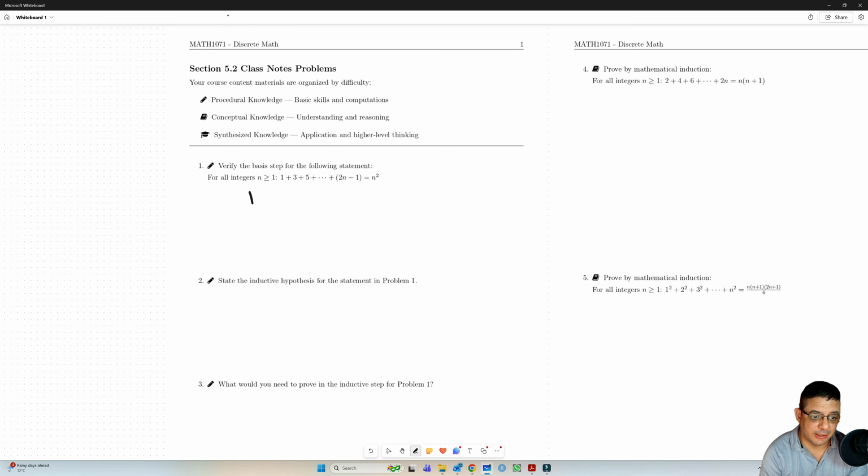First, let's define the property. The property of n is that 1 plus 3 plus 5 plus up to 2n minus 1 is equal to n squared. Because n equals 1, I'm going to prove P of 1.